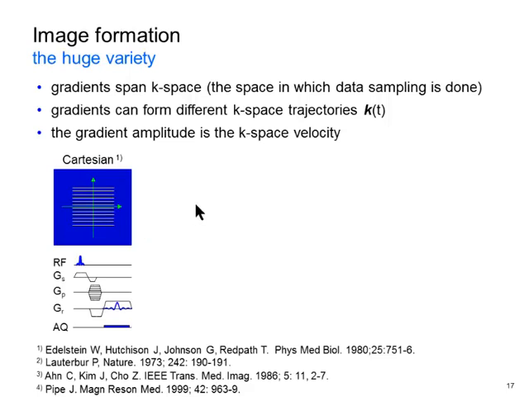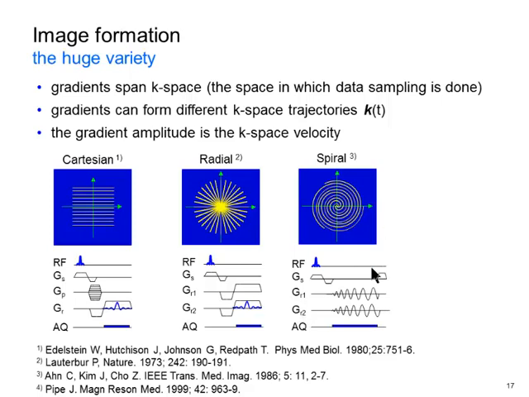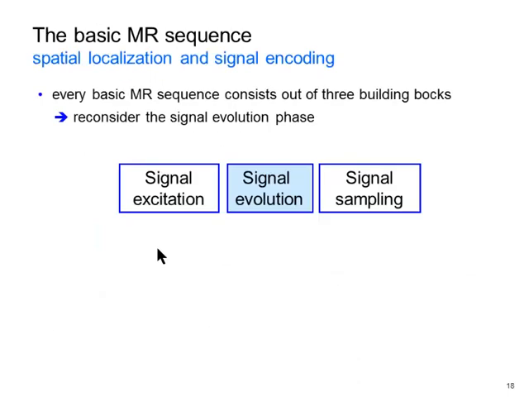What's important and interesting to note is that the gradient amplitude is just the velocity, the speed at which we run through k-space. We know this bread and butter type of sequence, the Cartesian spin warp scheme. Radial is facilitated by appropriate gradient switching, as are spiral imaging, PROPELLER imaging, and all kinds of others, all having some pros and cons with respect to clinical applications. We won't dive into this very much here.